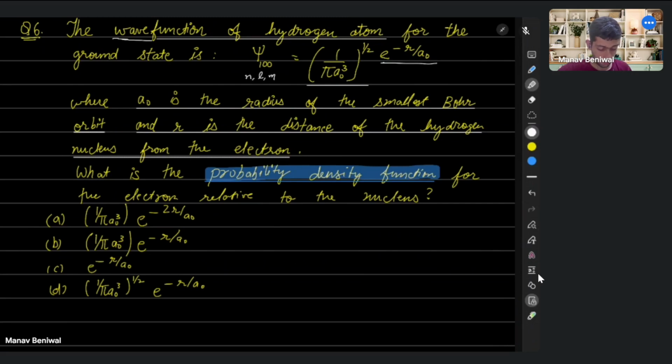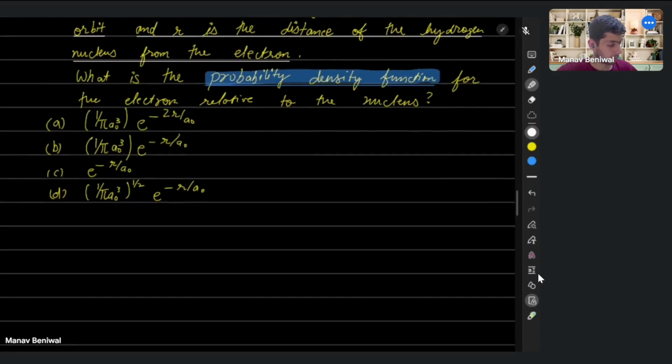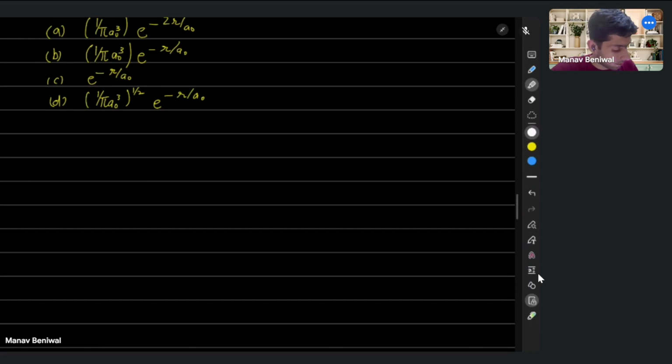Let us begin. The wave function psi 100 is given to us as the square root of 1 over pi a naught cube, and then we have the exponential function e to the minus r over a naught.